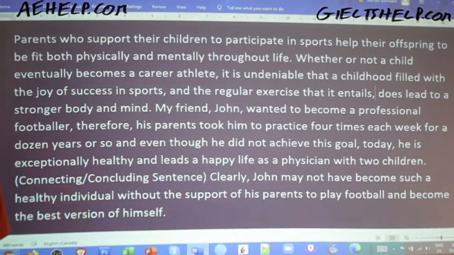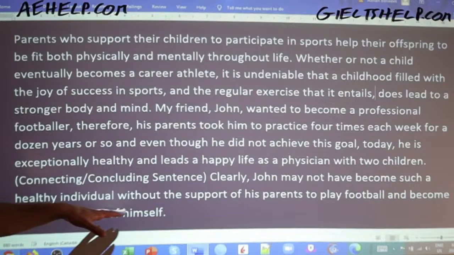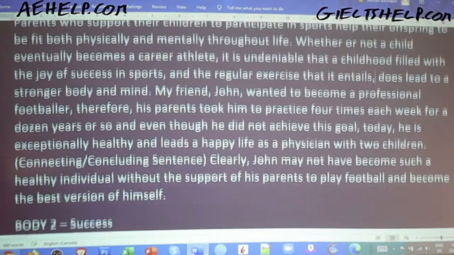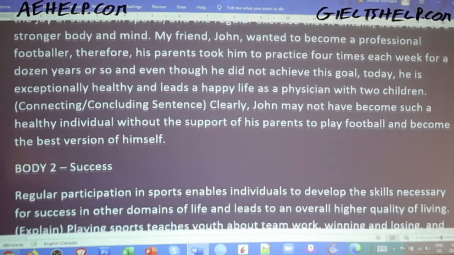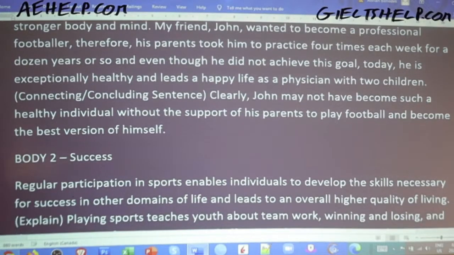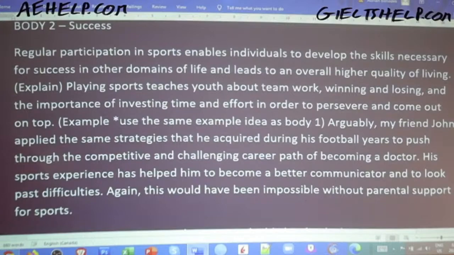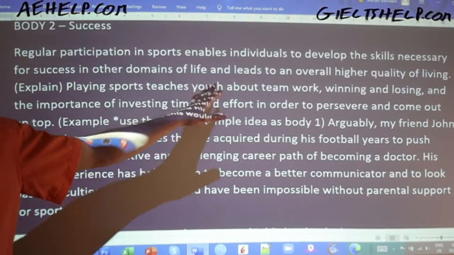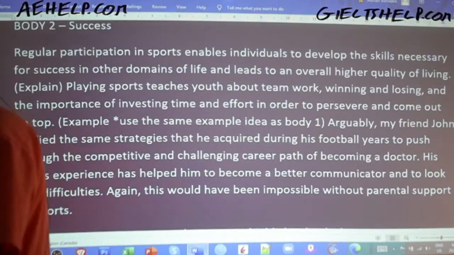Clearly, John may not have become such a healthy individual without the support of his parents to play football and become the best version of himself. Regular participation in sports enables individuals to develop the skills necessary for success in other domains of life and leads to an overall higher quality of living.